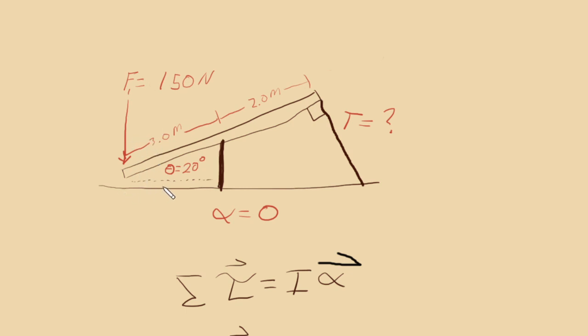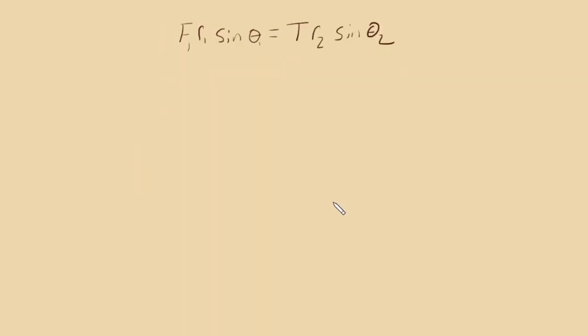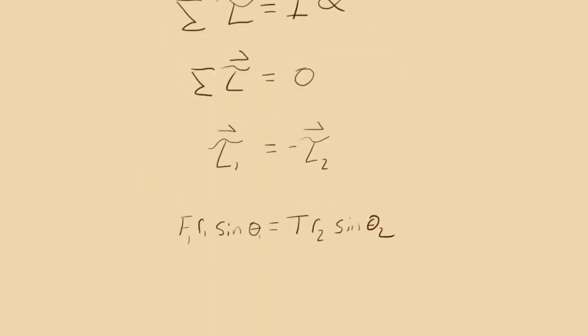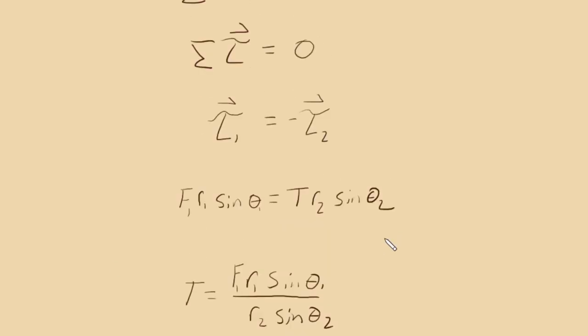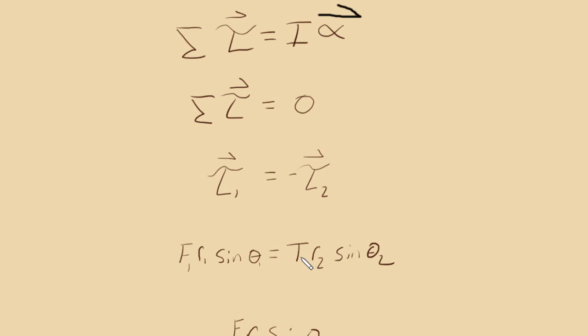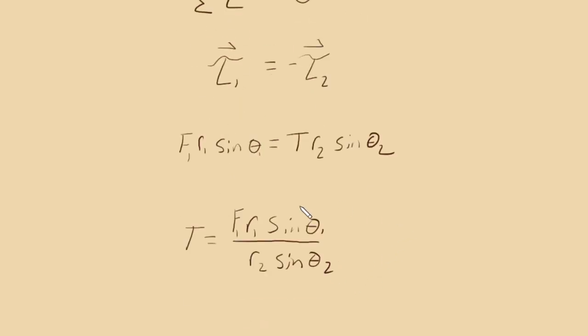We should be able to calculate this because this is parallel to the ground and this force is supposed to be perpendicular. Then on our right side, we have our tension, which I'm representing as force 2, what we're solving for, and we're out at radius 2 times sine of theta 2. So solving for tension, we end up with this ratio.